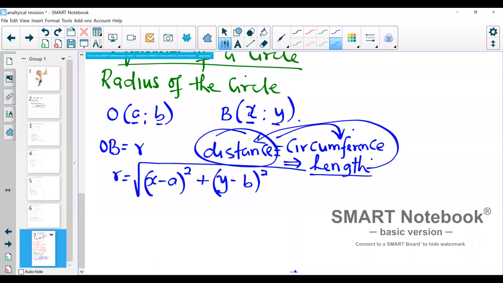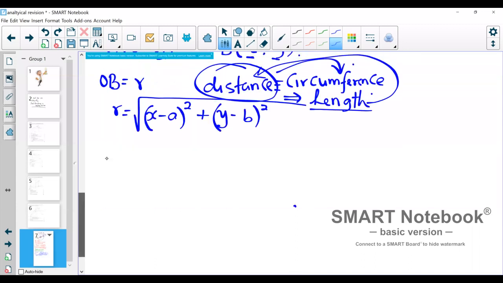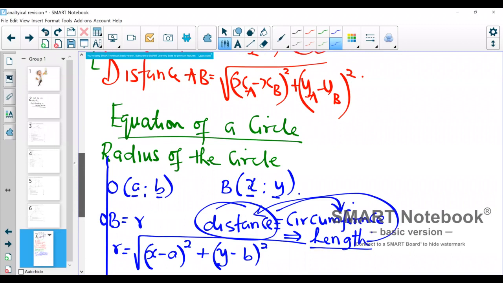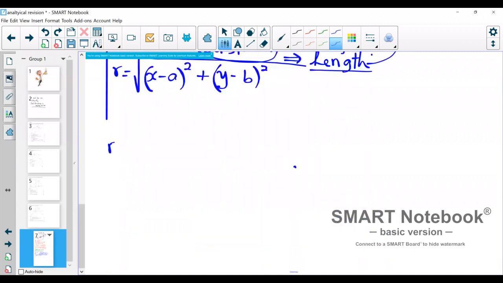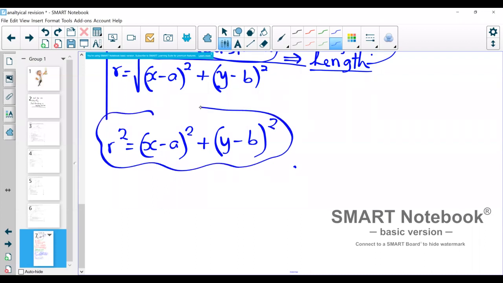If we square both sides, what are we going to get? r squared equals x minus a squared plus y minus b squared. This is what you would find in your formula page.